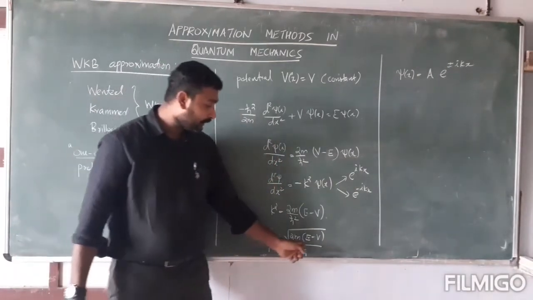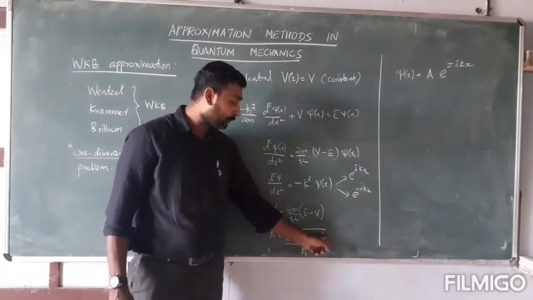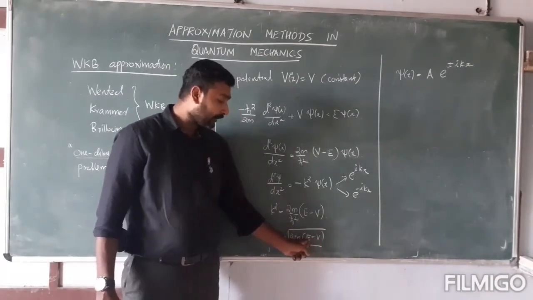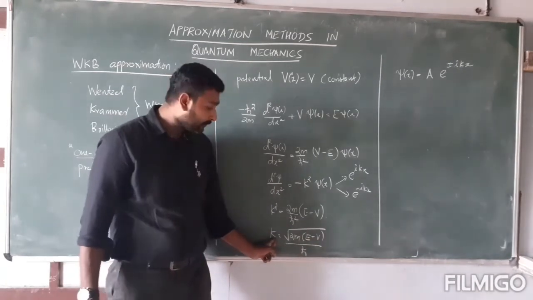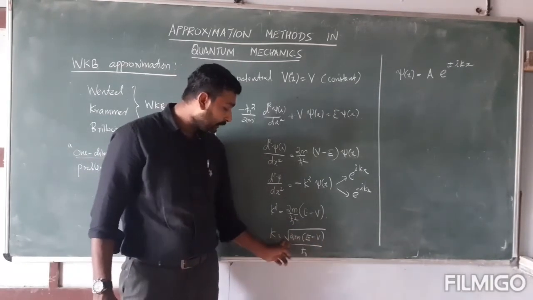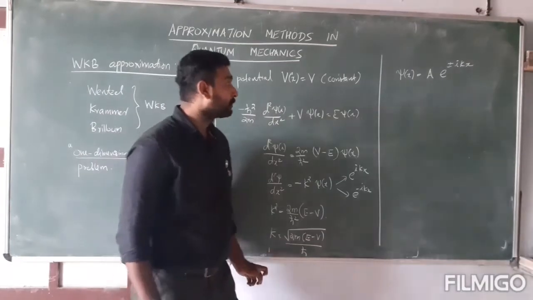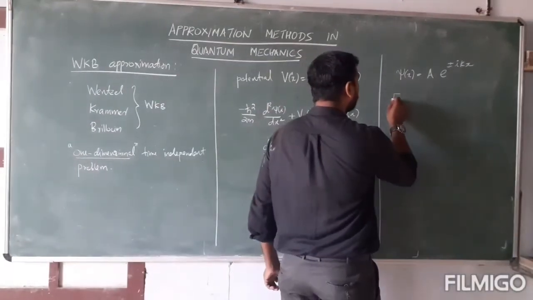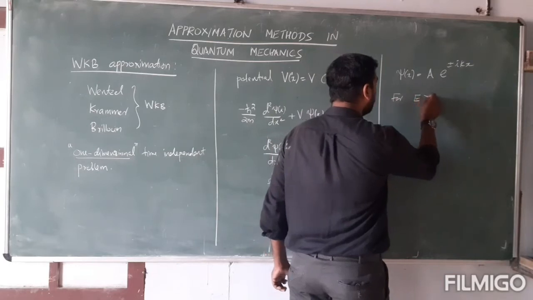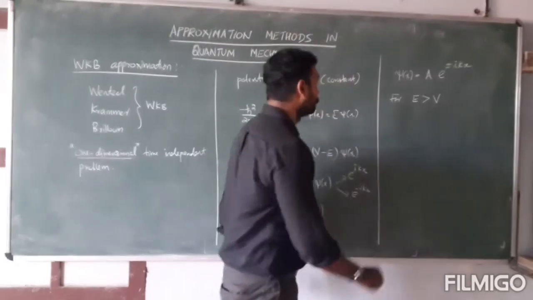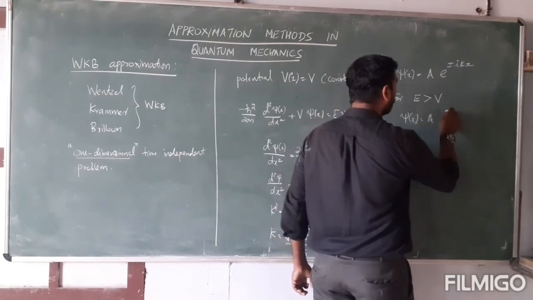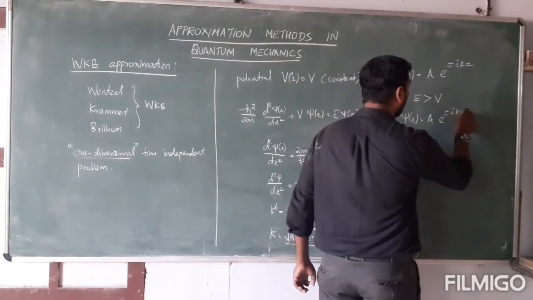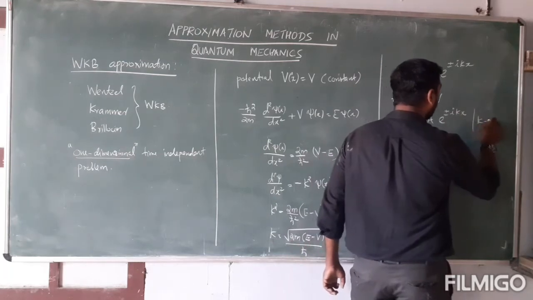Now recall, here E is the total energy and V is the potential. If the total energy is greater than the potential, then k would be a real number, and if E is less than V, k would be an imaginary number. So for energy greater than the potential, the wave function I can write A into e raised to plus or minus ikx, where k is real.